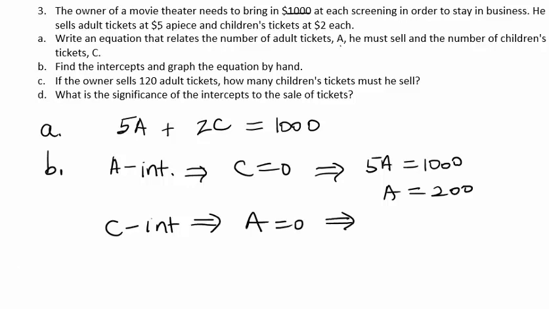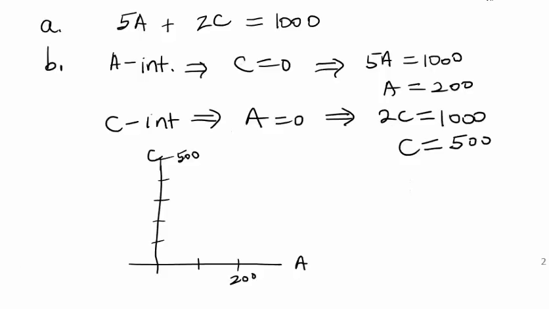So cover up the A term and you get 2C equals 1,000, and therefore C, if you divide both sides by 2, is 500. And then we want to make a quick sketch. So the A intercept was 200. I'm just going to make sure my line passes through this point, and the C intercept was 500, and then connect those 2 points with a straight line.